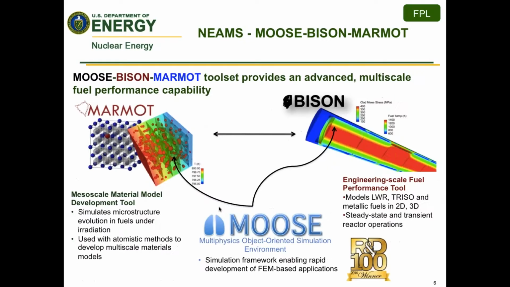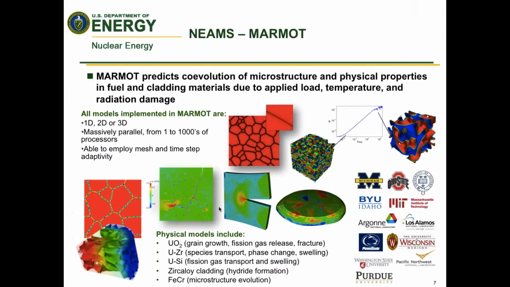So this is another depiction showing how Marmot and Bison work on MOOSE, and showing some of the traits and the capabilities at each scale. So Marmot, the focus of this subscope, predicts coevolution of microstructure and physical properties in fuel and cladding materials due to applied load, temperature, and radiation damage.